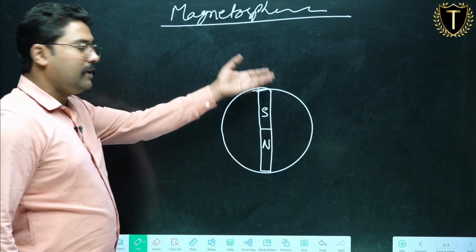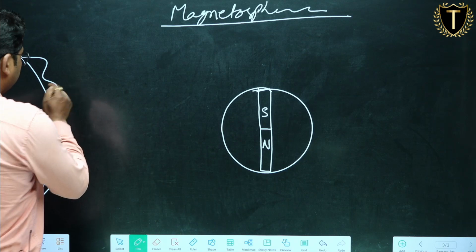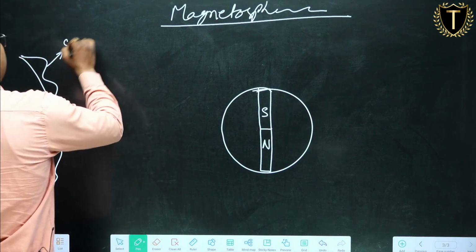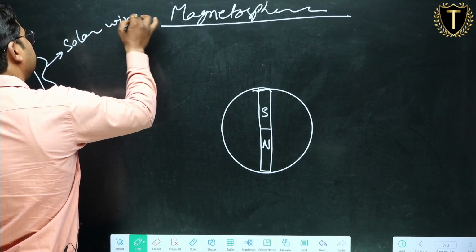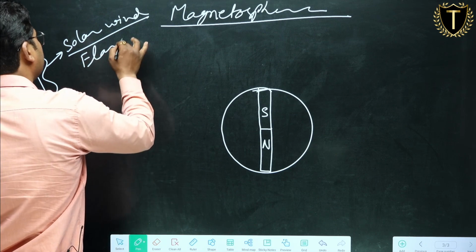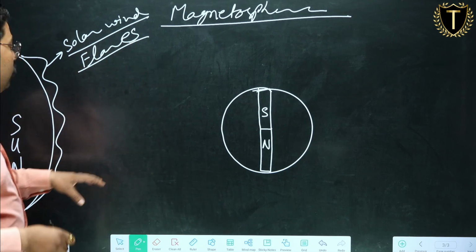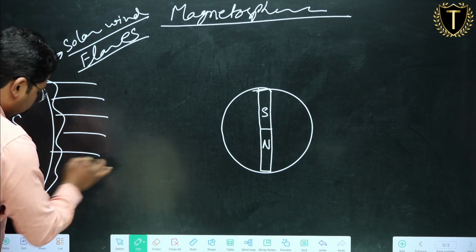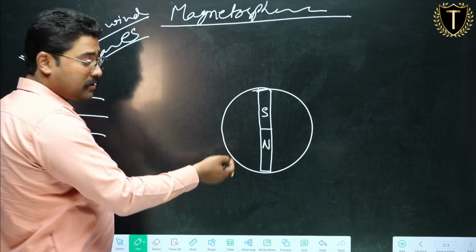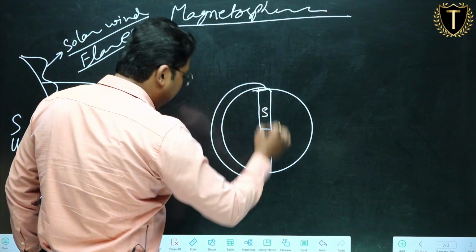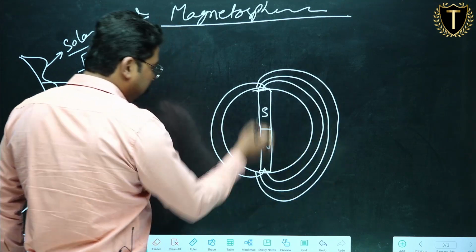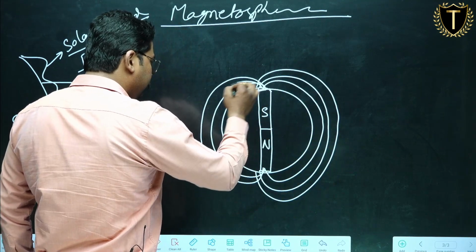This is magnetic south and this is magnetic north. The energy coming from the sun is considered solar wind, and near the surface of the sun it is considered solar flares. The energy comes in the form of radiation, and when it reaches the Earth's surface, it gets arranged according to the magnetic field, and a radiation belt is created.